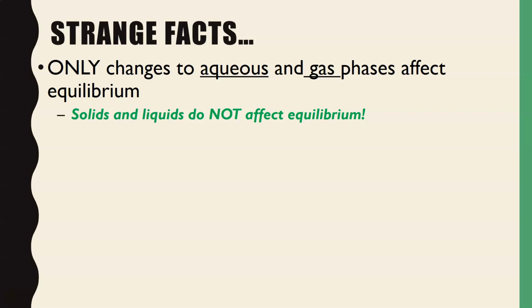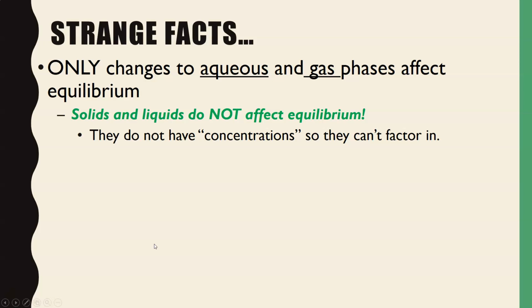So the reason solids and liquids don't affect equilibrium is a really weird fact that they don't really have concentrations. Mathematically, when you start deriving the equations that we use, they don't have what we consider to be concentrations. So it's not going to change the equilibrium point.